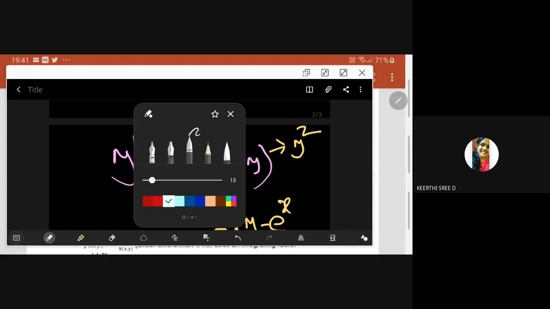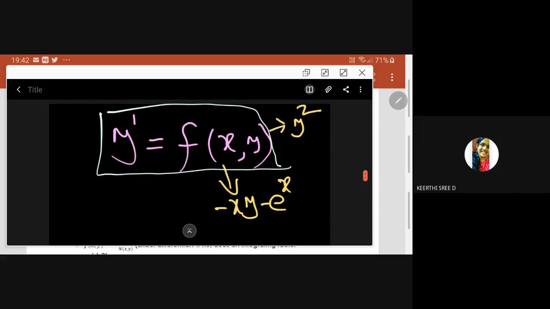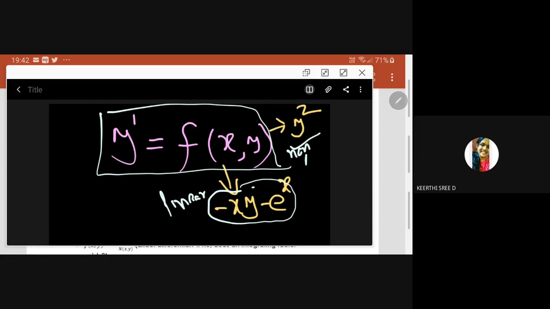So the important thing is that we want the first order equation here. We are not worried whether it is linear or non-linear for the time being. For our first choice, this is non-linear, and in the second case, this is linear. Why? Because in the term y square, y square is y into y, so it is non-linear.